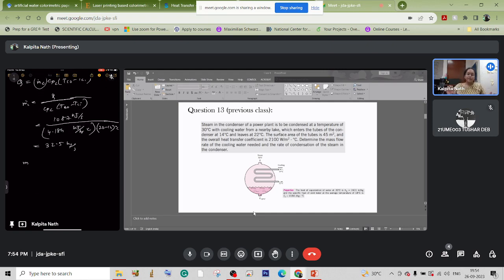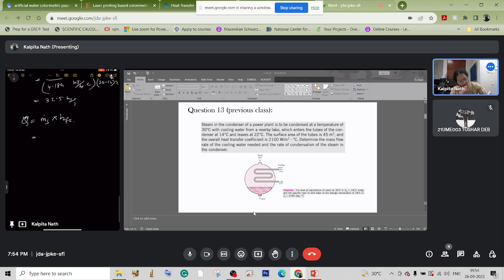Now another thing that is required to find out is rate of condensation of steam. So for rate of condensation of steam, we already know that Q can also be written as the rate of condensation of steam into the heat of vaporization. So this we need to calculate. So ms dot will be equal to Q upon hfg.